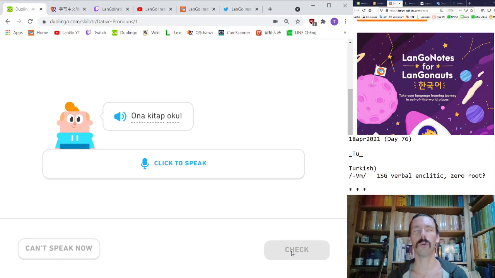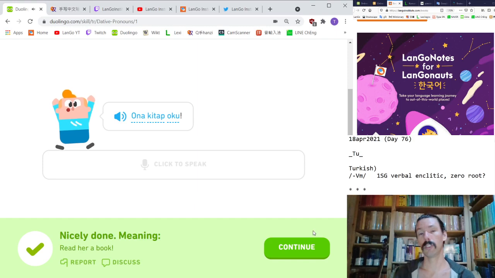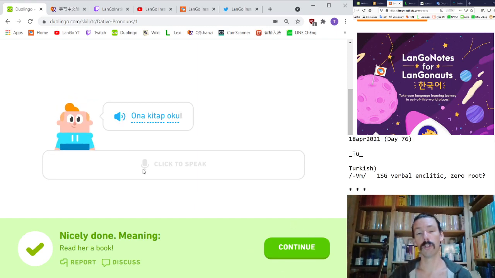That is ona, to him, her. Read a book. Oku without the r for the imperative. So, a nice string of voiceless ones. Not a u there at the end, centralizing in the direction of schwa, I think.